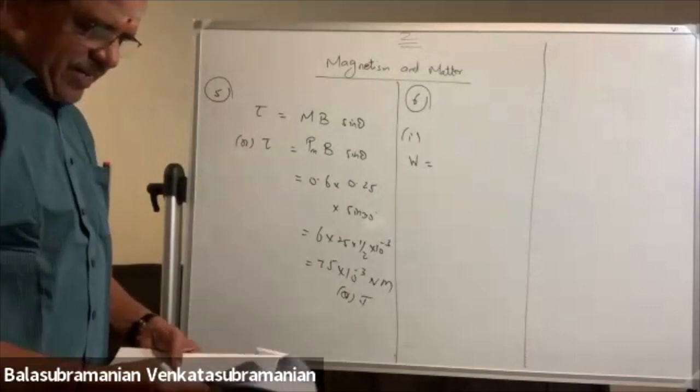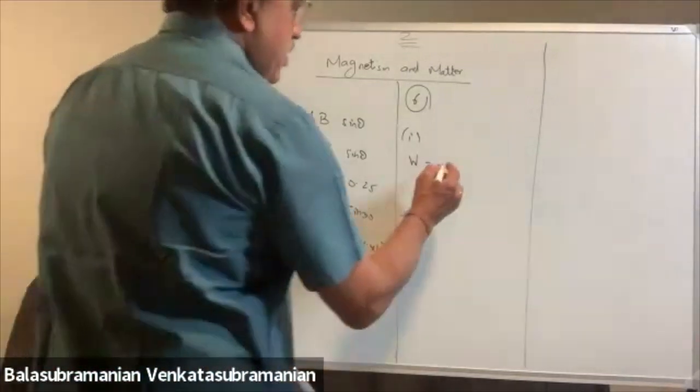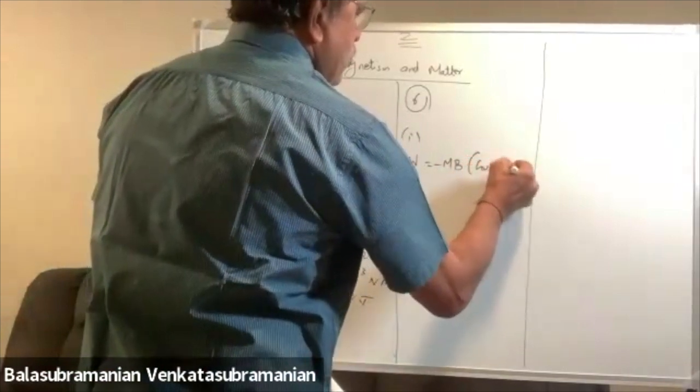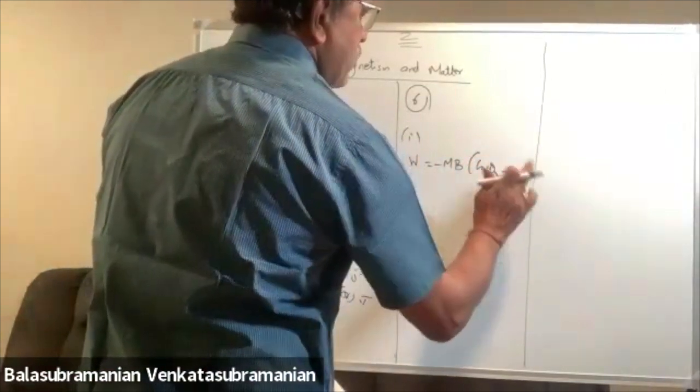So the work done or energy formula is minus MB (cos theta 2 minus cos theta 1).